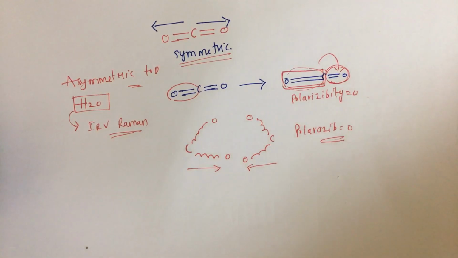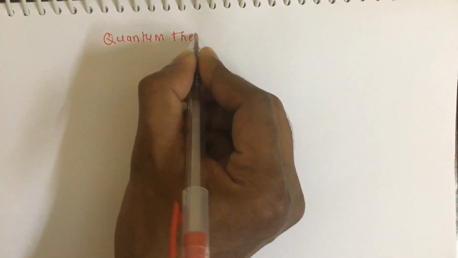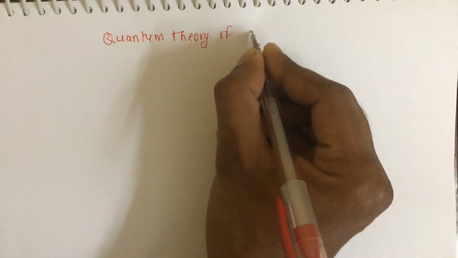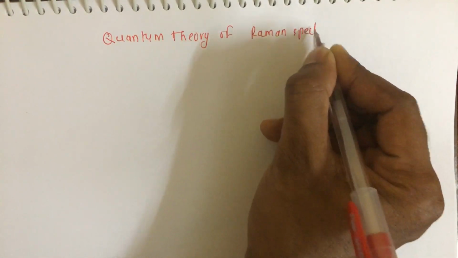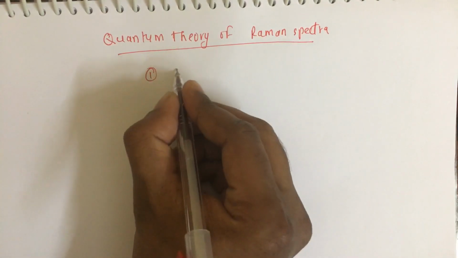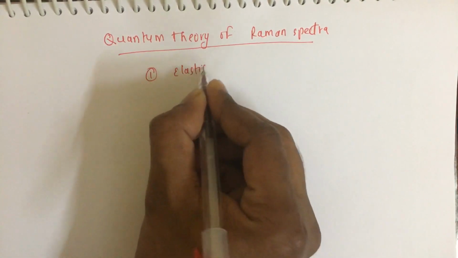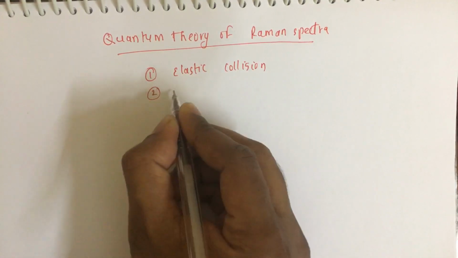So this is very important. Quantum theory of Raman spectra. Before going to this, we have to know about elastic collision and inelastic collision.